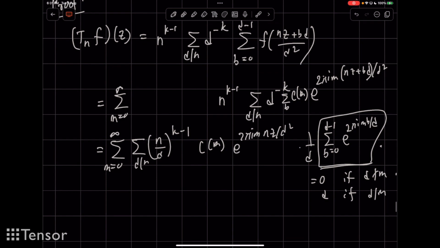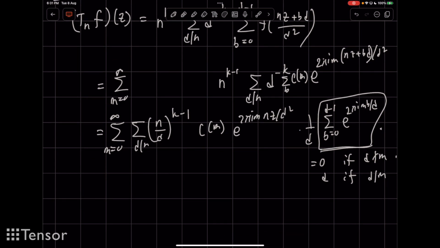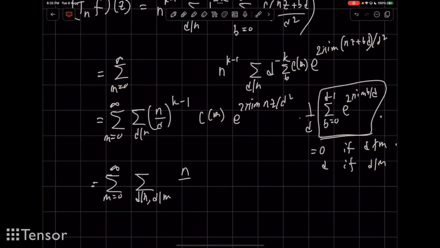So you can combine this sum and this 1 over d term to write the sum over m equals 0 to infinity, and here I'm going to write d divides n and d divides m, because the d's which do not divide m basically contribute 0 in the end. So this is n over d to the power k minus 1 times c(m) e to the 2 pi i m nz over d squared.